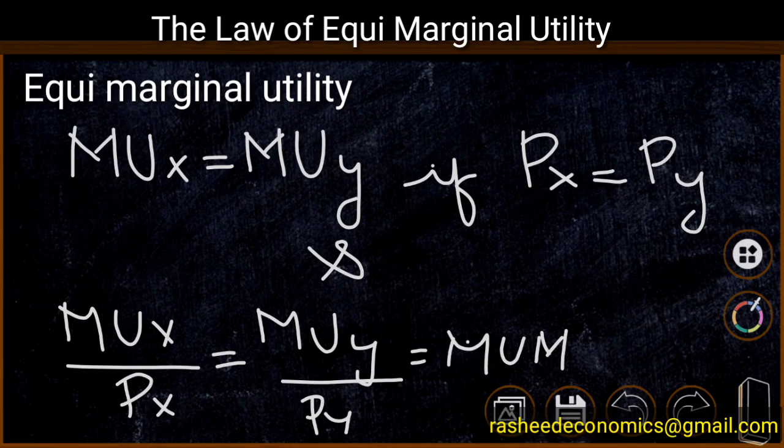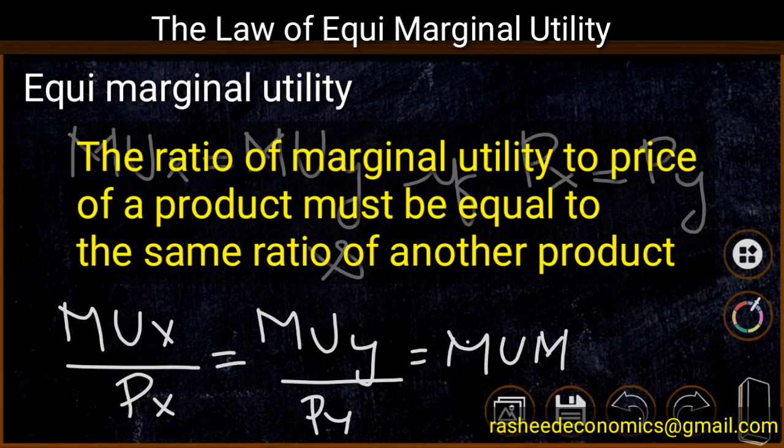The basic equilibrium condition is that as per the law of equimarginal utility, consumer equilibrium is the point where the ratio of marginal utility to price of one commodity should be exactly equal to the same ratio of another product. That is shown in the last equation. MUX divided by PX is equal to MUY divided by PY is equal to MUM.